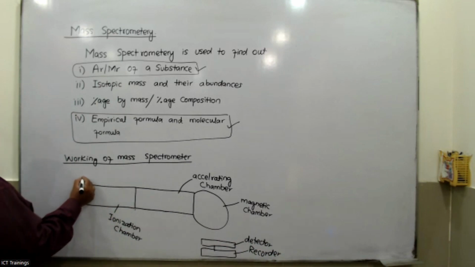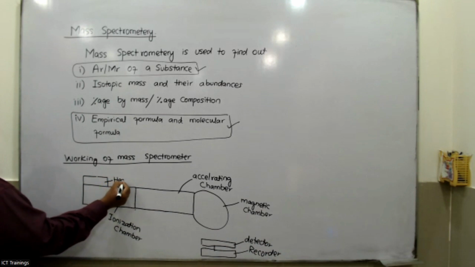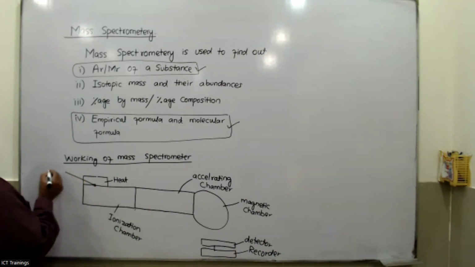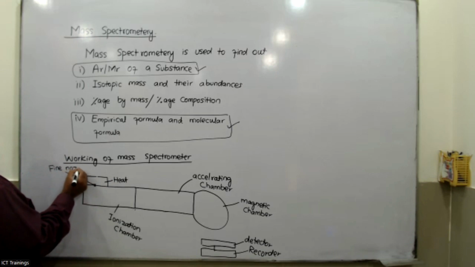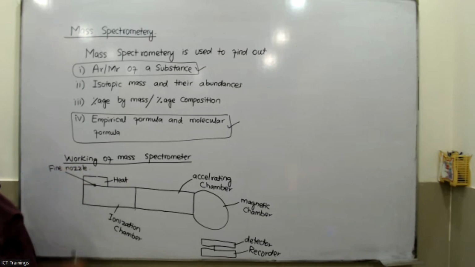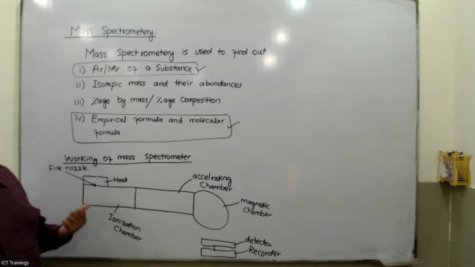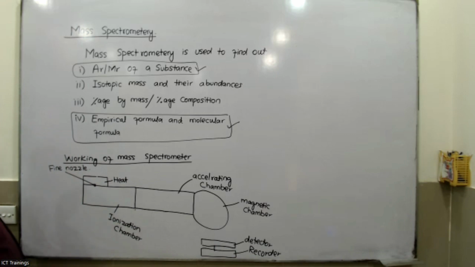Now the ionization chamber is attached to the heater like that. The ionization chamber has got a very fine nozzle. A nozzle is a hole through which things can enter the other compartment, but they are unable to go back. So that is called a nozzle.